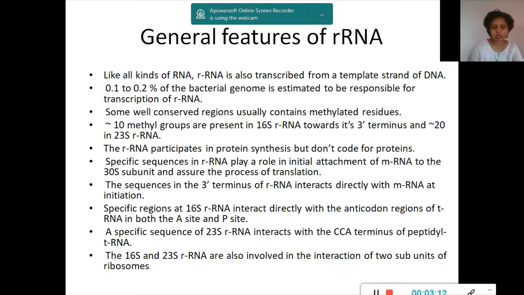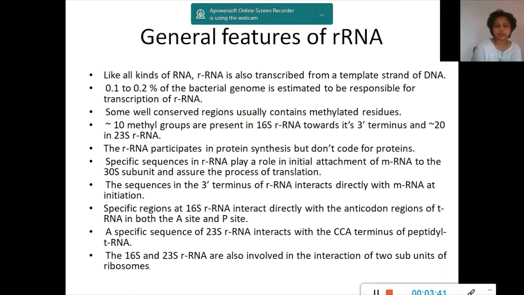Now, if you look at the 16S rRNA, it has been found that specific regions of this 16S rRNA directly interact with the anticodon regions of the tRNA in both the A site and the P site. In the transfer RNA, there are certain regions called the A site and the P site.